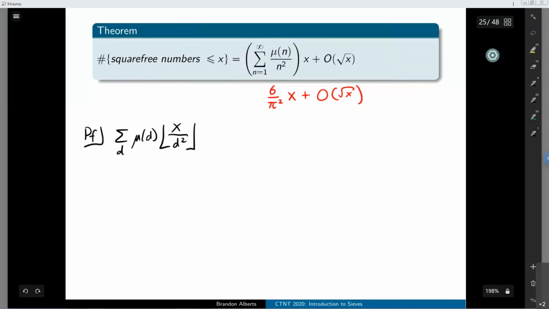The first thing that we'll notice is that the sum we came up with on the previous slide is not an infinite sum. The floor function is equal to 0 whenever the thing you're plugging into the floor function is smaller than 1.